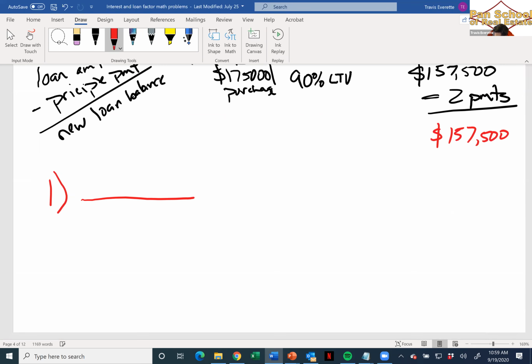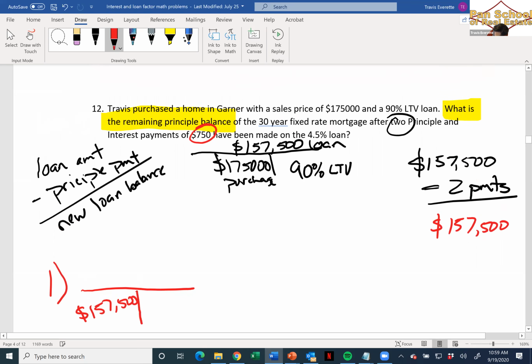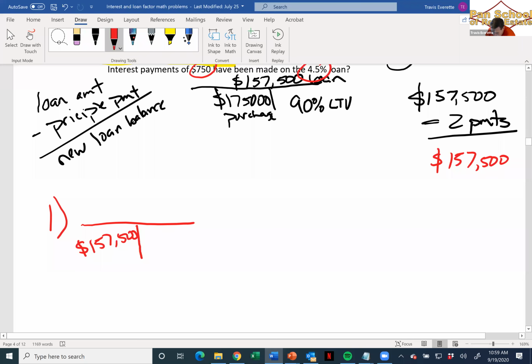Here's what payment number 1 is going to be broken down to look like. My loan balance is $157,500, and they told me that my interest rate is 4.5%. My pen is thrown across the floor. Hang on. I kind of need that.